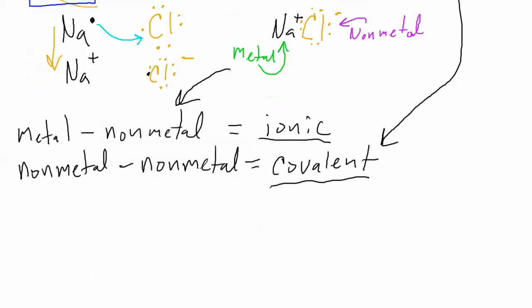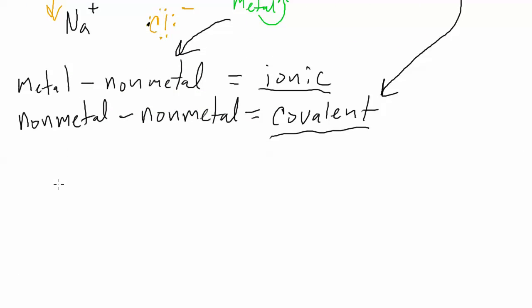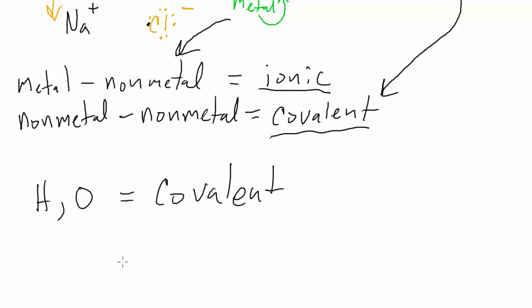So if in the future in the course, or whenever you encounter two elements, you just have to ask yourself, if you're trying to figure out how they're going to bond, are these things metals or nonmetals? If you've got two nonmetals, like let's say hydrogen and oxygen, well, hydrogen is a nonmetal, oxygen is a nonmetal, so that would be a covalent bond that forms between those two.